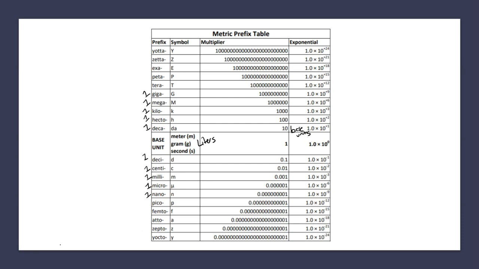So this could be meters, grams, seconds. 1 hectometer is equal to 100 meters, 100 base units. 1 kilometer is equal to 1,000 meters. 1 megameter is equal to 1 million meters, and so on and so forth.